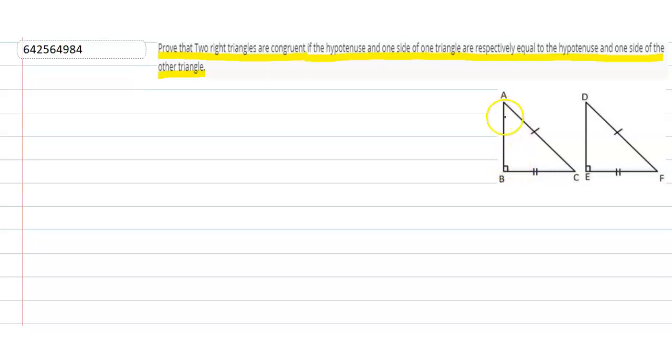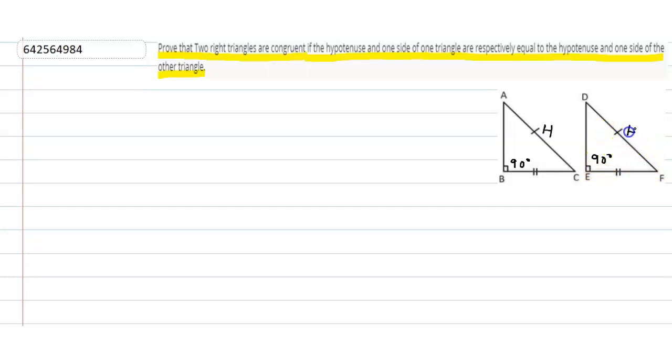So here in triangle ABC, angle B is of 90 degrees, and in triangle DEF, angle E is of 90 degrees. Now it's given in the theorem that the hypotenuse means the side opposite to the right angle. So in triangle ABC, AC is the hypotenuse, and in triangle DEF, the side opposite to the right angle is DF.